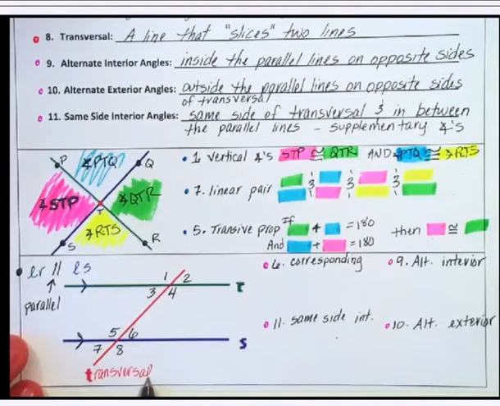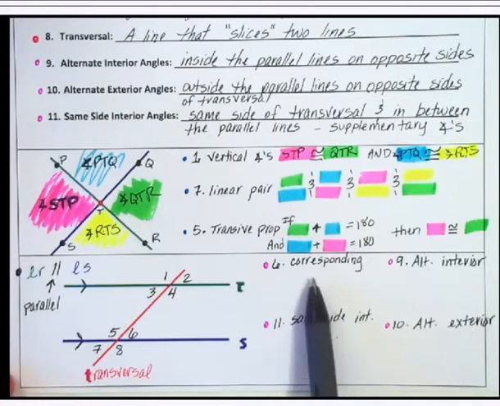A transversal is a line that cuts 2 other lines or slices them, either way. You can slice an apple or you can cut an apple. Same thing. Okay. And so with this set of parallel lines that is cut by a transversal, I end up with all these different theorems. I have corresponding angles.